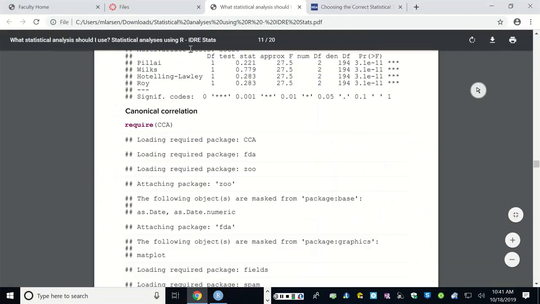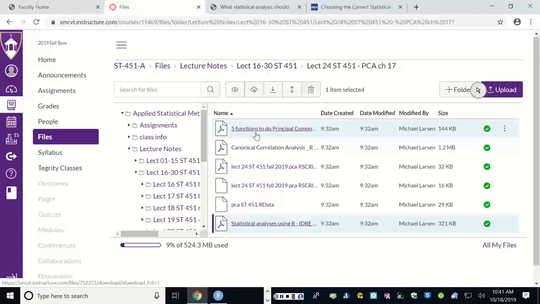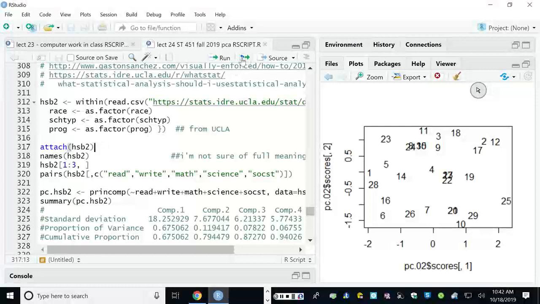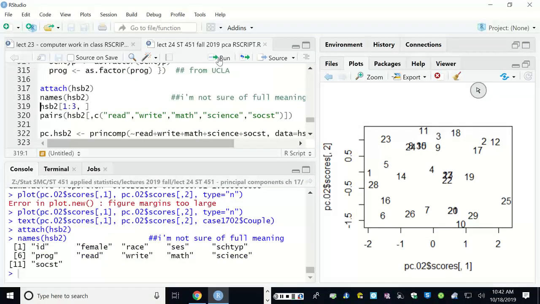The other articles are focused on doing principal components in R, and on different software options for doing that. And then an example is included with that. This is survey data. It has race, socioeconomic status, and so on.